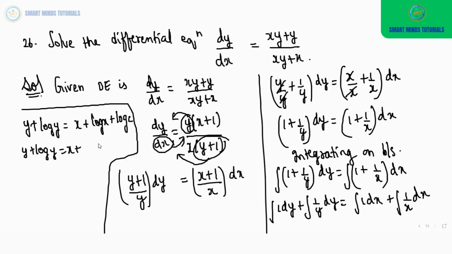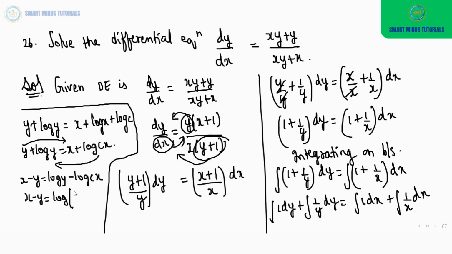So log x plus log c is log cx. Now I will take log cx that side and x, y this side. x minus y is equal to log y minus log cx. Now log a minus log b is log a by b. So x minus y is equal to log (y by cx). This is the general solution.